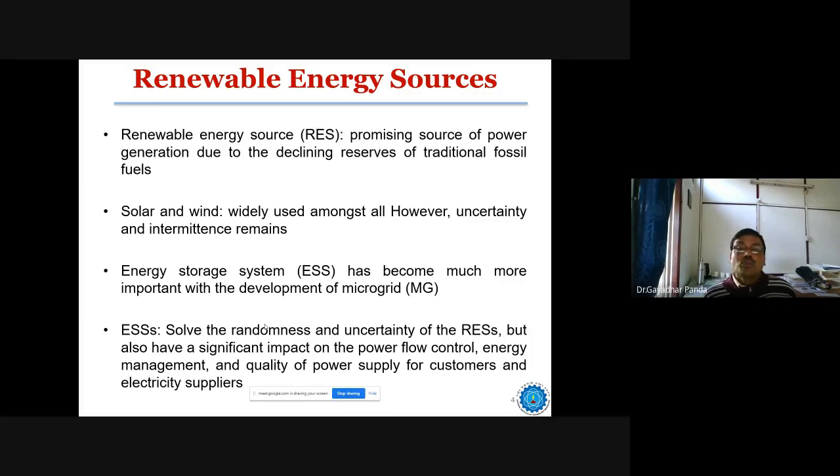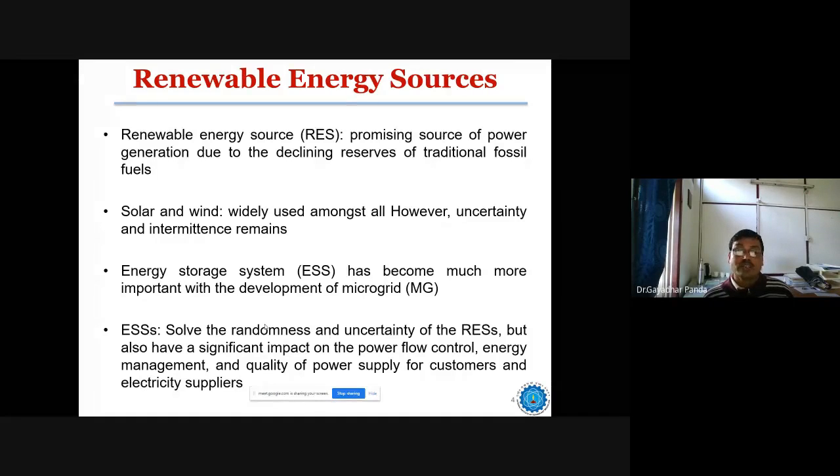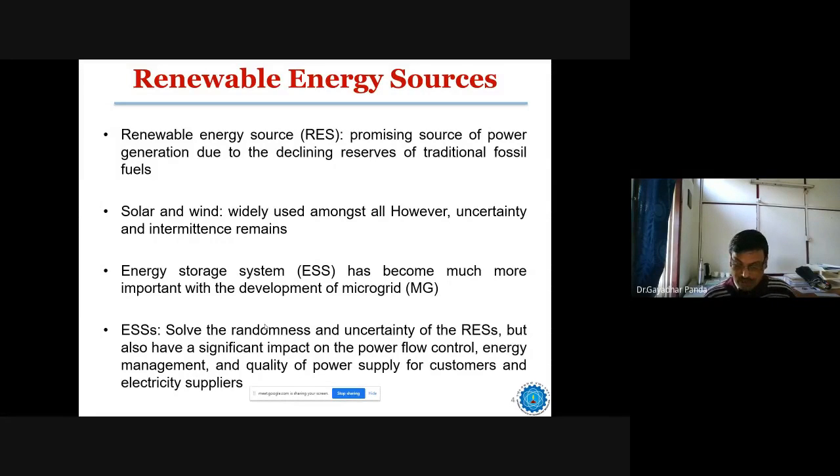And to take care of that intermittency in nature of these sources, the energy storage systems are vital components of a microgrid. The energy storage system is much more important in case of a standalone microgrid system. But generally, the energy storage systems are used for a proper operation of the microgrid to maintain the power flow, power quality, all those things.